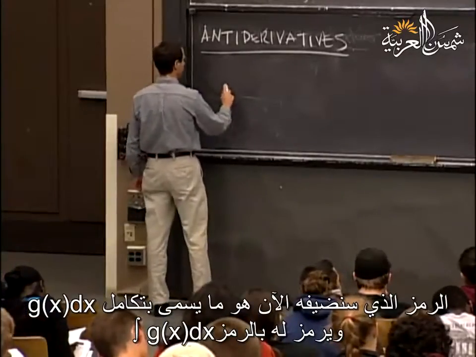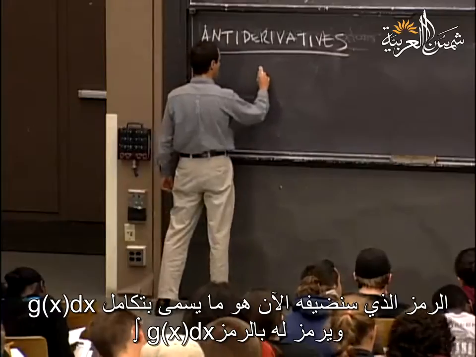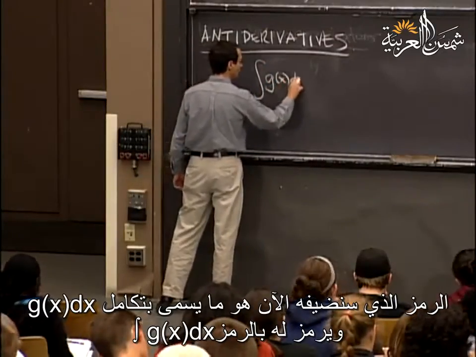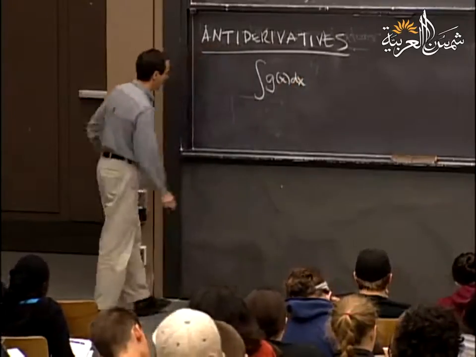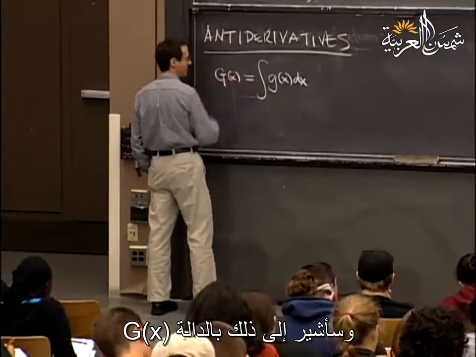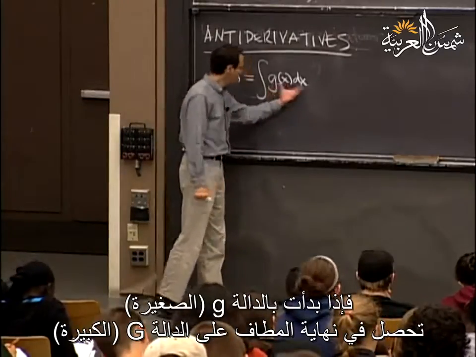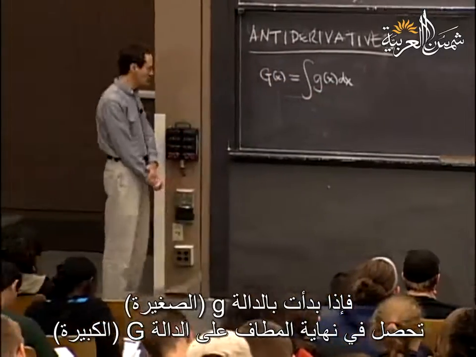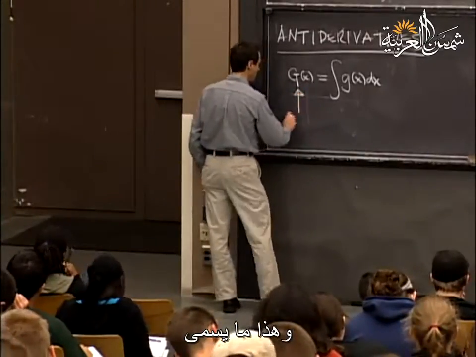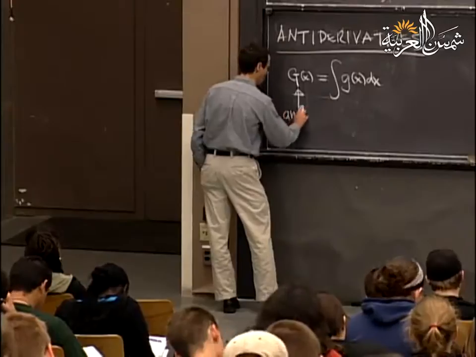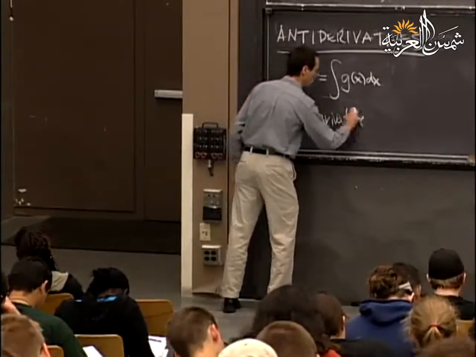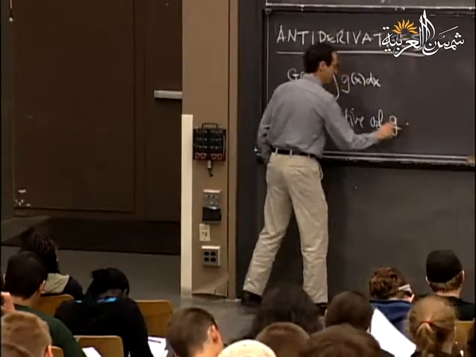Namely, the notation that I want to describe here is what's called the integral of g of x dx. And I'll denote that by a function capital G of x. So you start with a function g of x and you produce a function capital G of x, which is called the antiderivative of g.